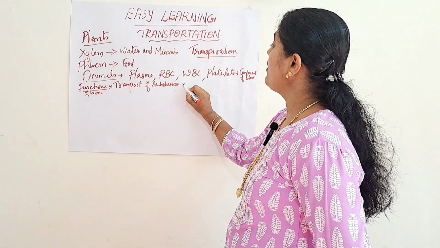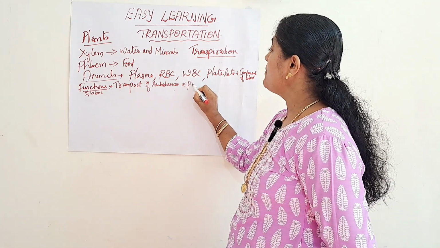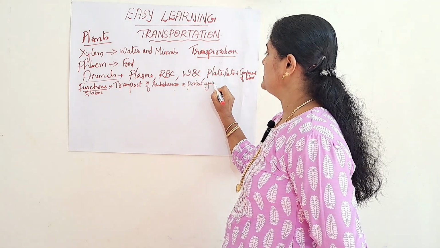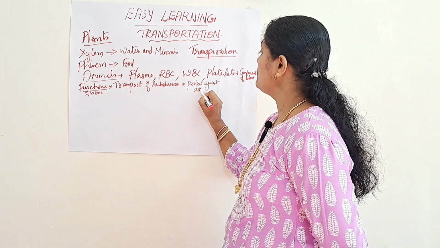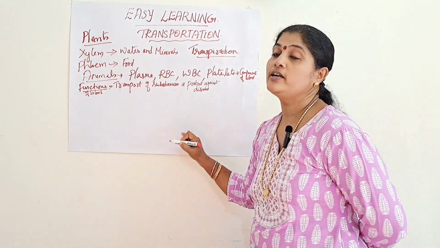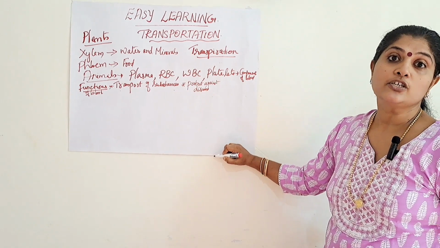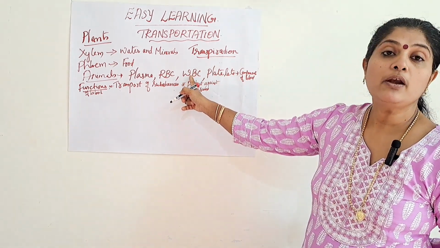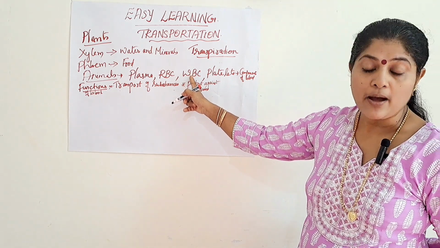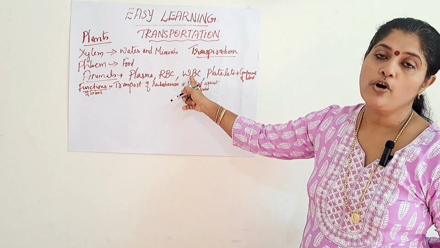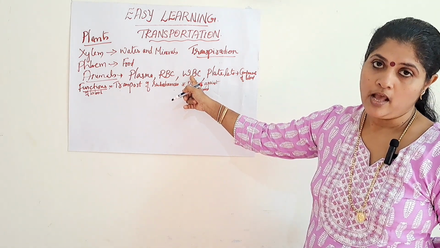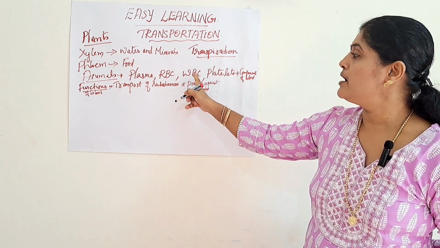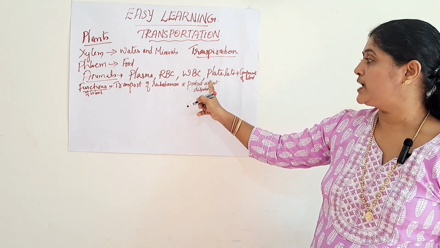The second function is that it protects the body against diseases. You know that WBC is one of the components of the blood which helps in protecting our body from pathogens or disease causing germs. We are not getting diseases frequently, isn't it? Due to the presence of WBC, it is protecting against diseases.